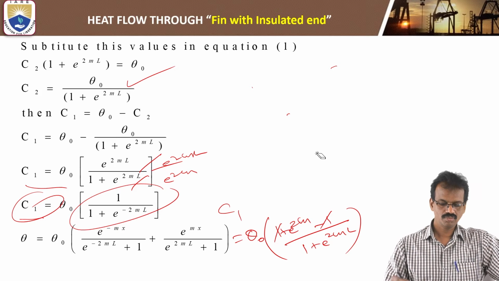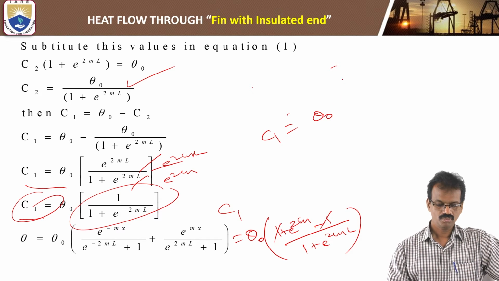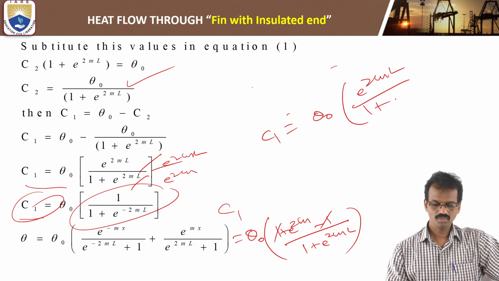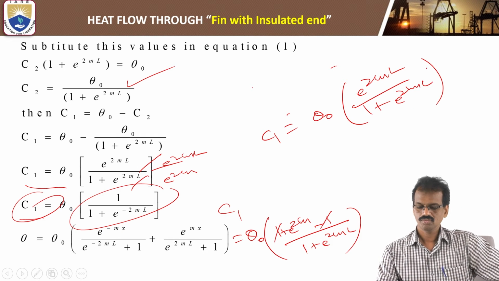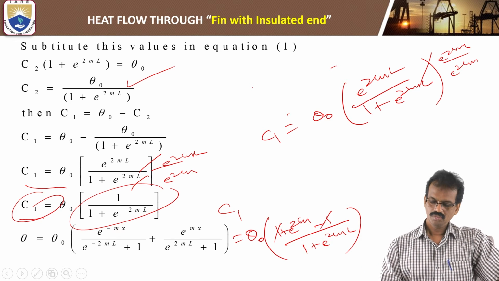So we got that C1 is equal to theta naught into e to the power of 2ml by 1 plus e to the power of 2ml. Okay, so divide this one by e to the power of 2ml in numerator and denominator.